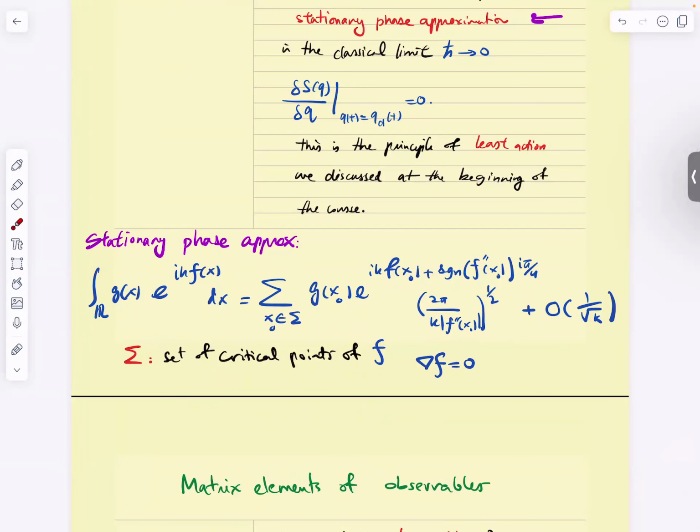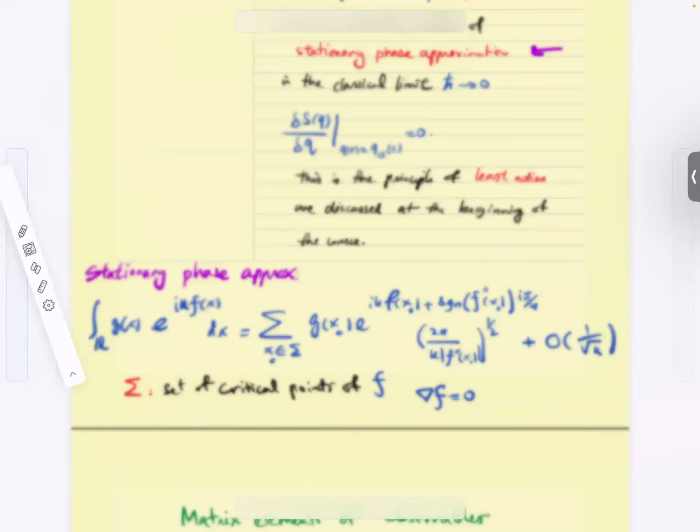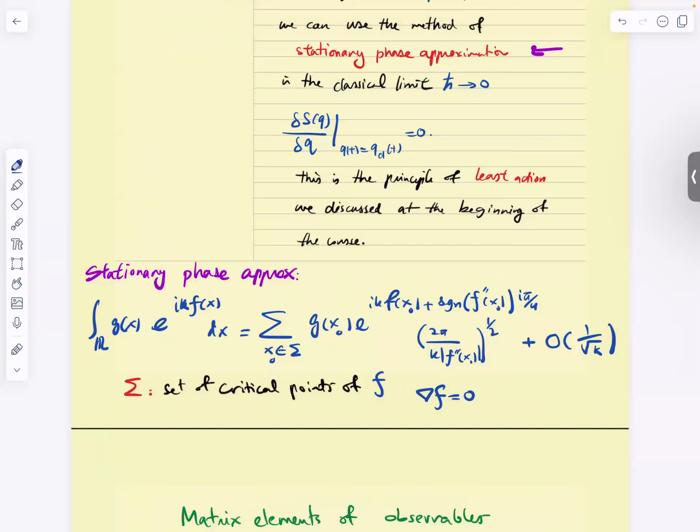Imagine you have an integral of the following form. You have an integral over a function g of x, over the domain R, so a function on a line, g of x e to the power of i k f of x. What are we going to do?